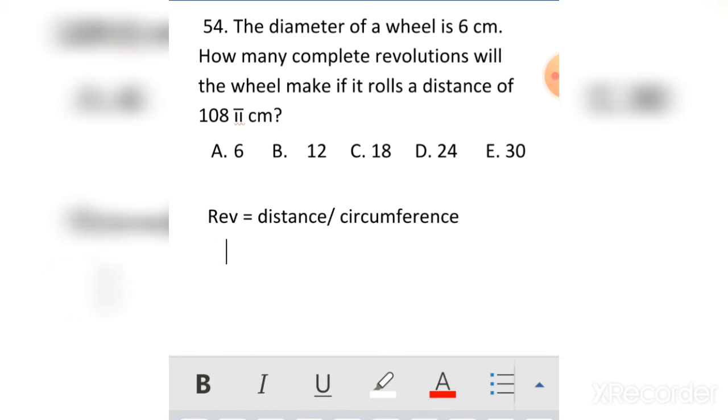The distance covered by the wheel is 108 pi cm, divided by the circumference of the wheel, which is 2 pi r.